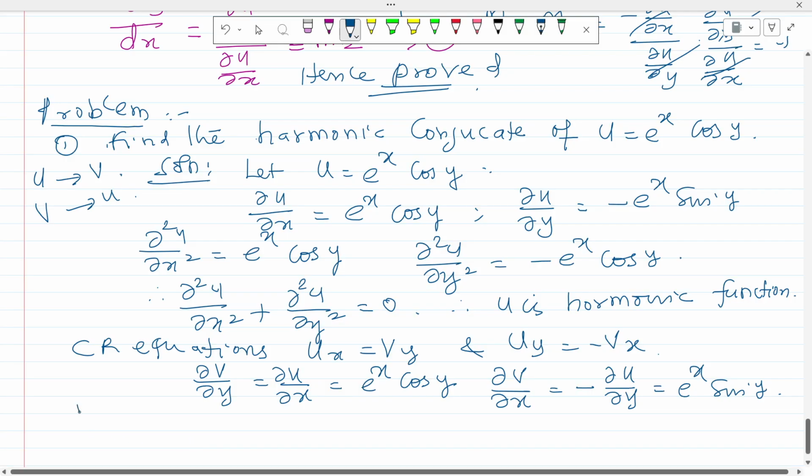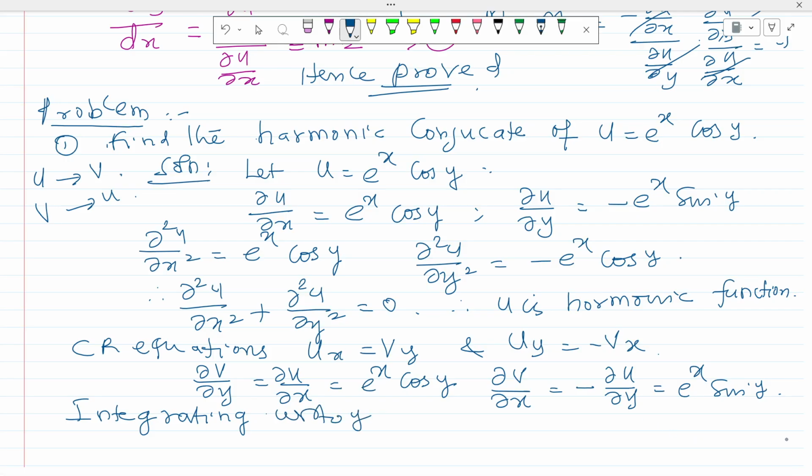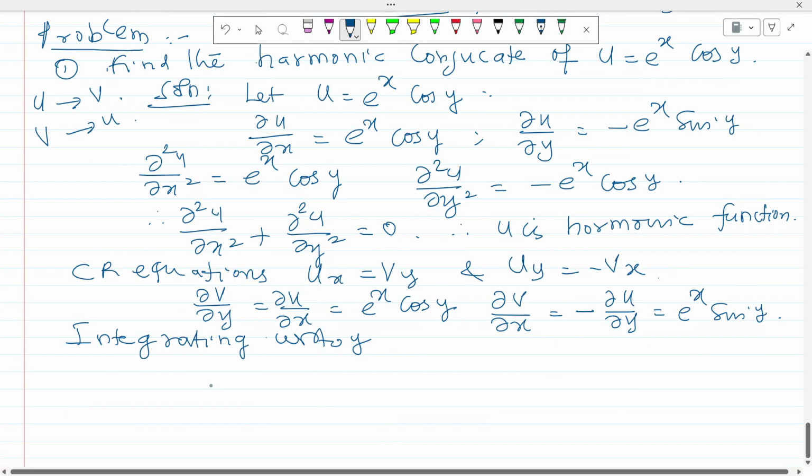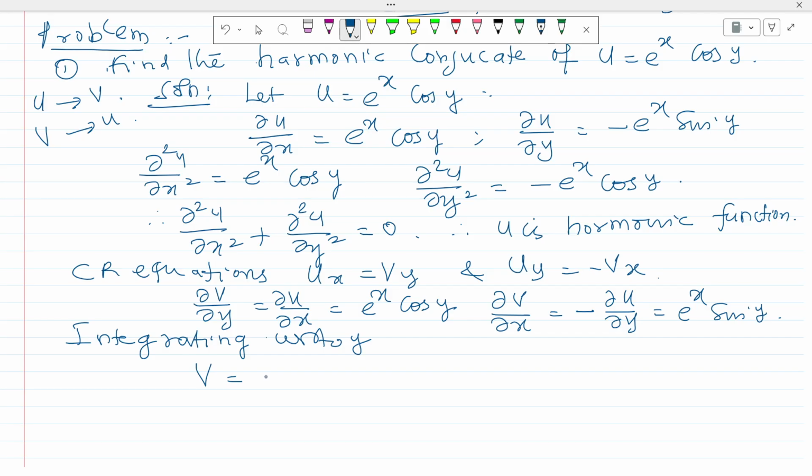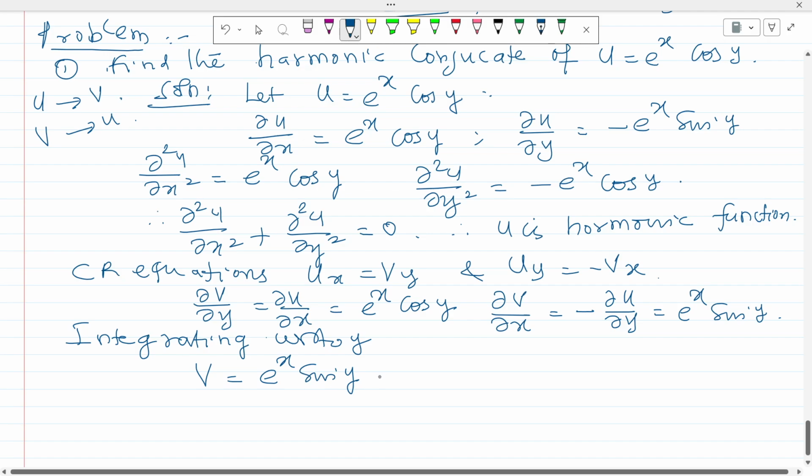If we are integrating with respect to y, then what do you get? v equal to integral of e power x sin y dy, plus some function f of x.